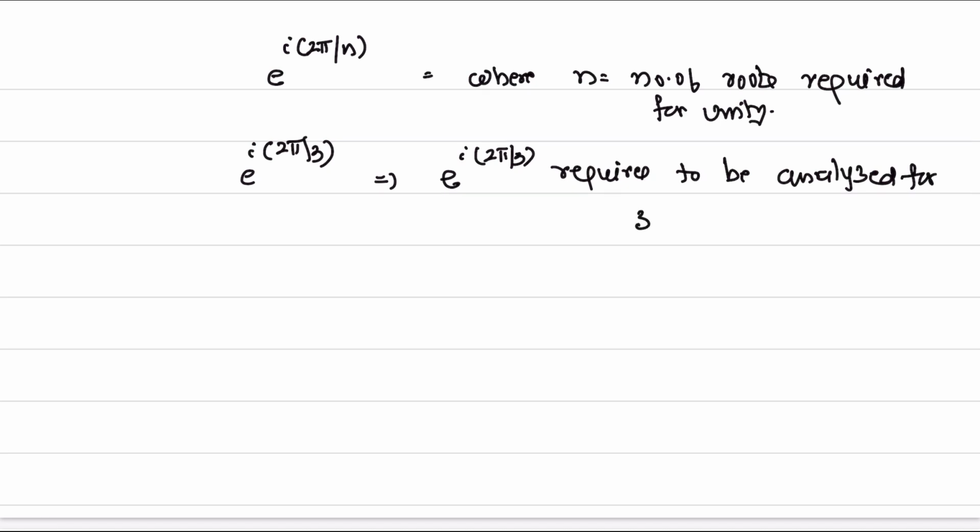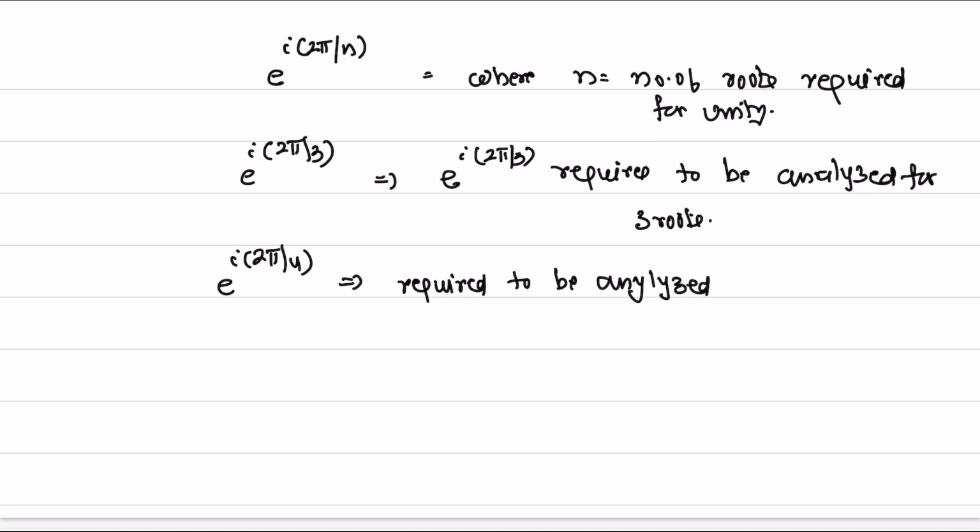For 3 roots, e to the power of i into 2 pi by 3 is to be analyzed. e to the power of i 2 pi by 4 is required to be analyzed for 4 roots. Please understand this. e to the power of i into 2 pi by 5 means it is required to be analyzed for 5 roots.